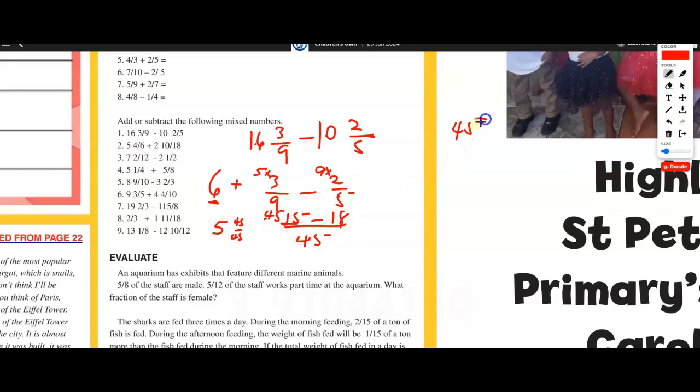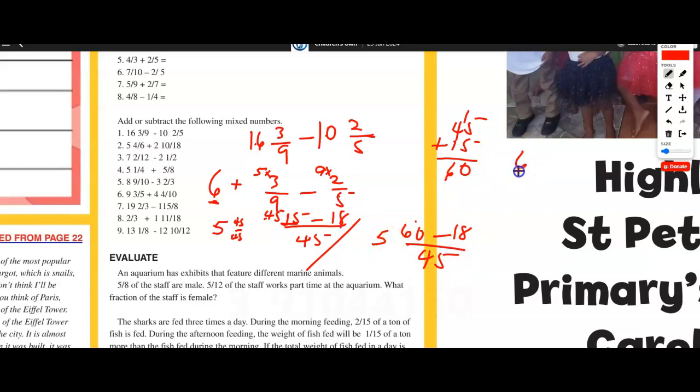So 45 and the 15 here. This becomes 60. All right, so we would have 5. All right, let's put that here. So we're going to have 5 and 60 minus 18 all over 45.